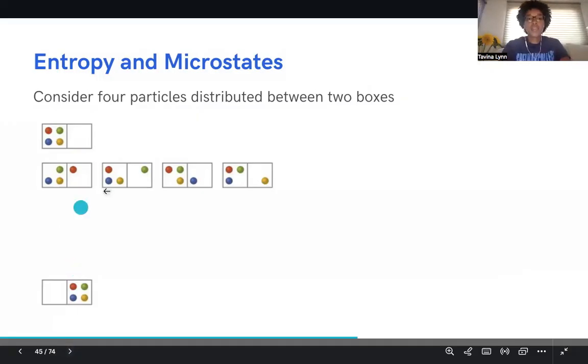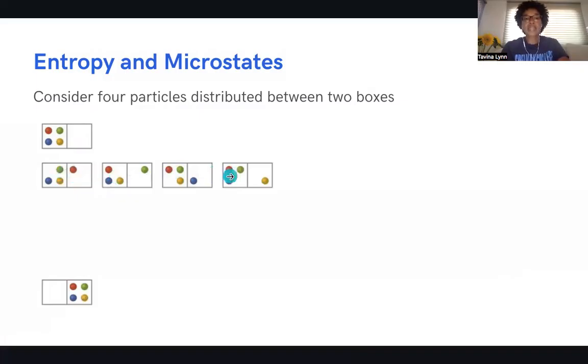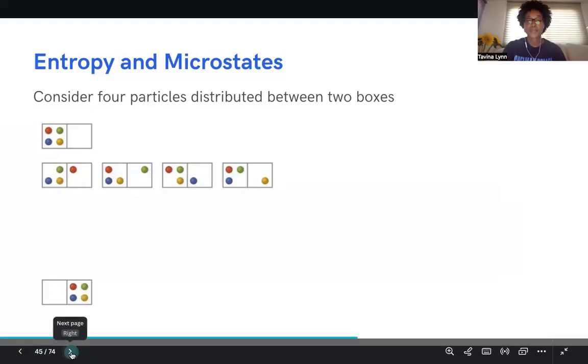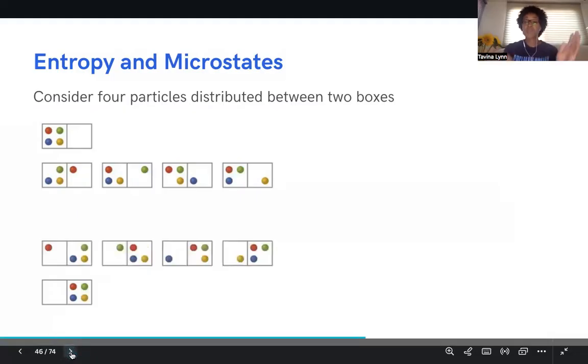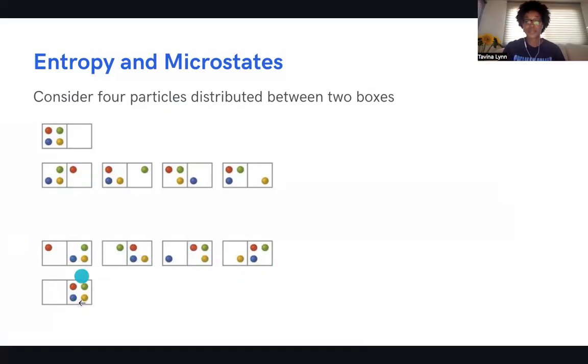There are 4 different ways we can have this distribution of 3 in the left, 1 in the right. And then if we flip it, where we have 3 in the right-hand box and 1 in the left-hand box, there are also 4 different combinations of this distribution.